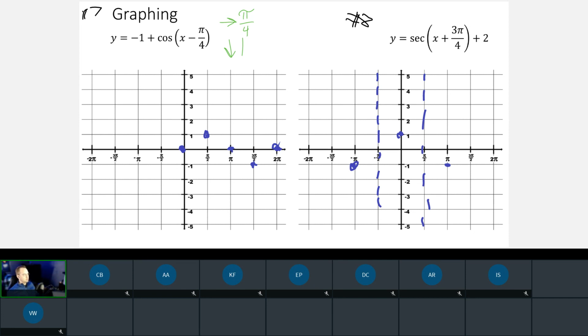So it's going to be right here. Remember, pi over 4 is between 0 and pi over 2. All right. So that means we're going to move the one at the very end over. This will be about right there. Down 1, over a half.